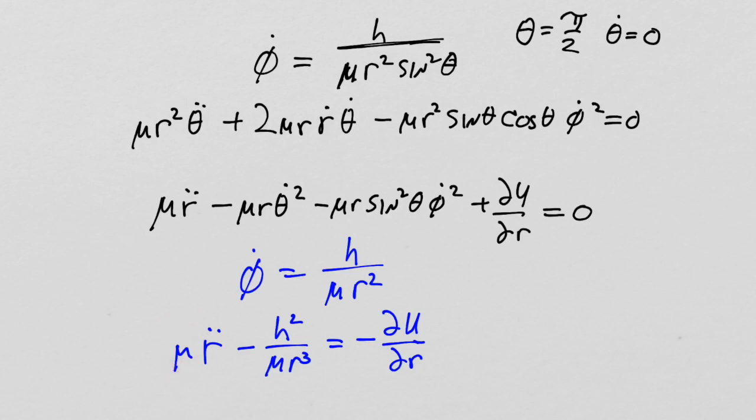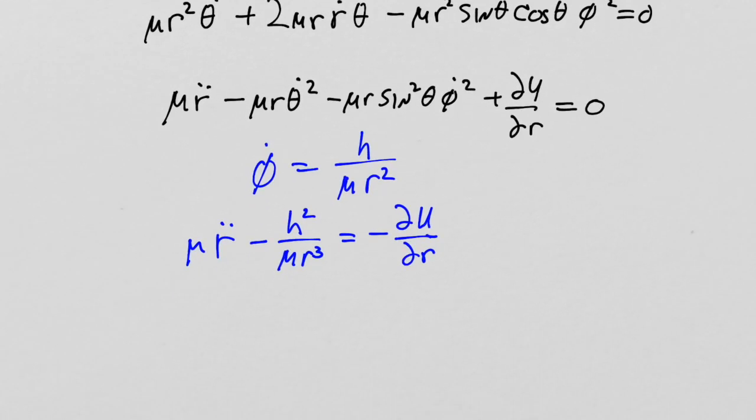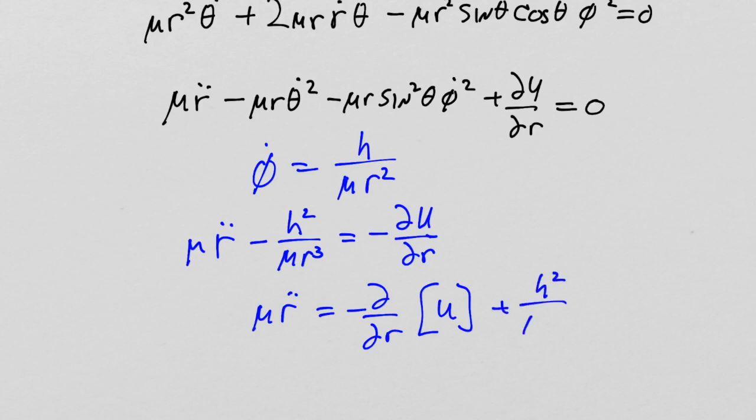This is a force, right? A mass times an acceleration, so this needs to be a force, and we know this is a force because the definition of the force is the minus gradient of the potential. So this is a force and this is a force. This is a force that's only dependent on the radius, so it's very tempting to write this as minus mu partial of dr of U, and then plus h squared over mu r cubed, right?